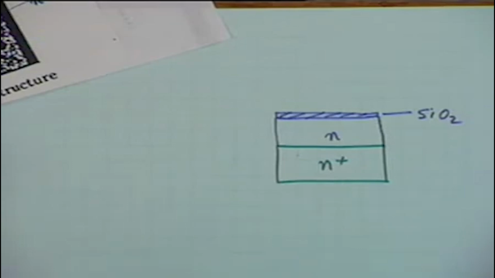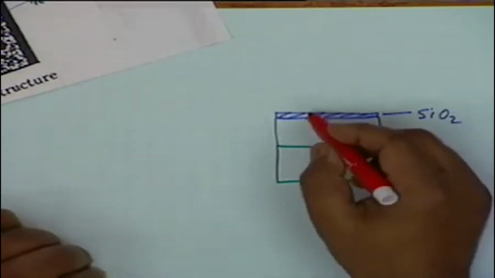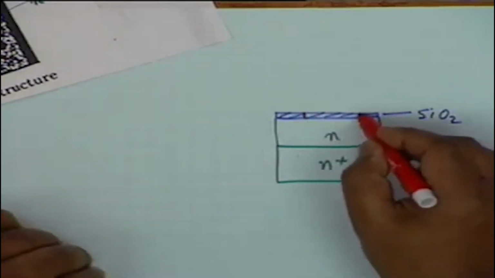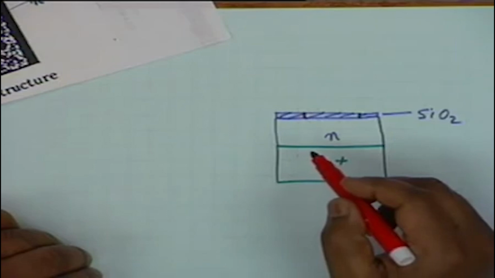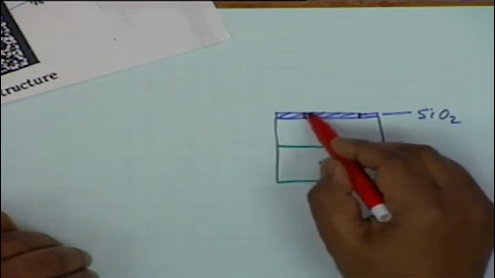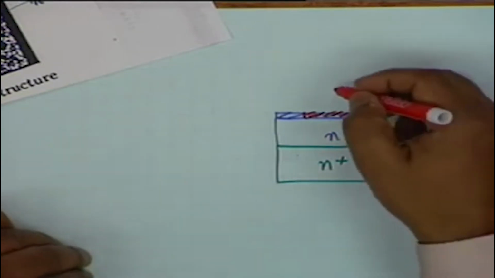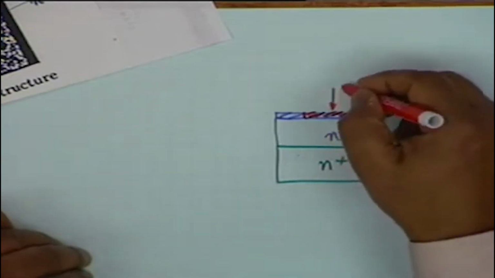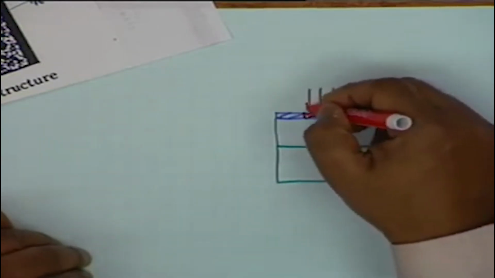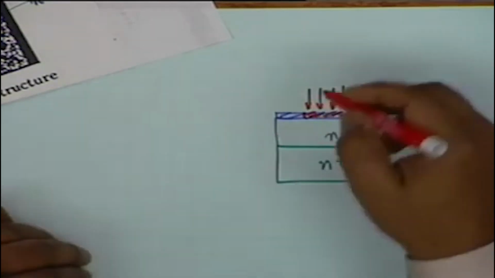Then you make selective etching, that means you make a mask with a window, and pass chlorine or some other etching agent so that the silicon dioxide disappears, and you allow a gas of, let us say, boron to pass.